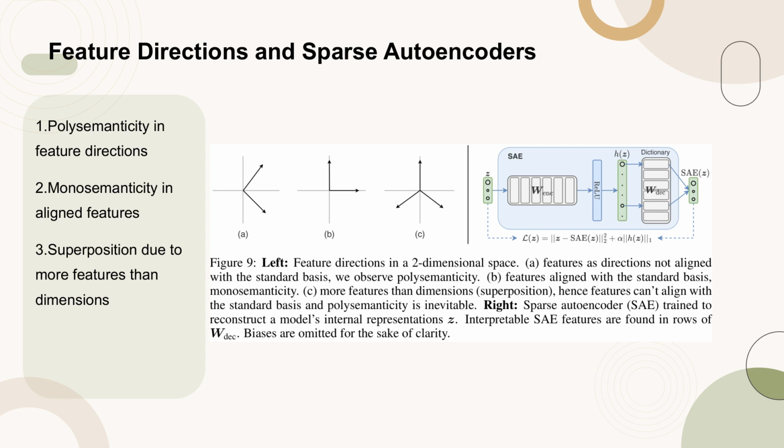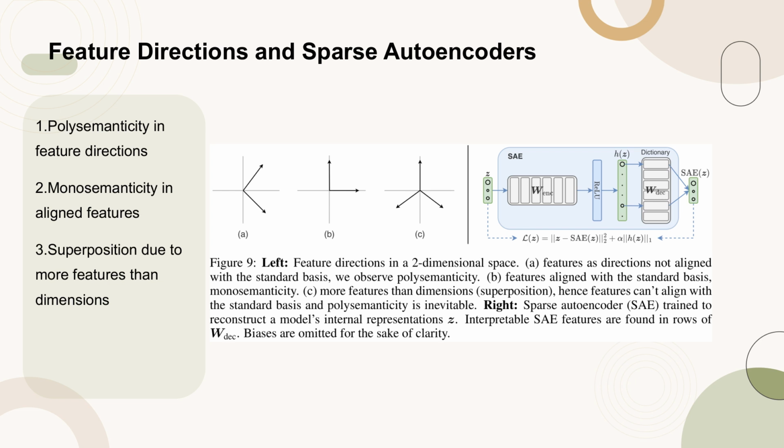Figure 9 illustrates the concept of feature directions in a two-dimensional space and the operation of a sparse autoencoder, SAE. On the left, it shows three scenarios. A: features as directions not aligned with the standard basis, leading to polysemanticity. B: features aligned with the standard basis, indicating monosemanticity.